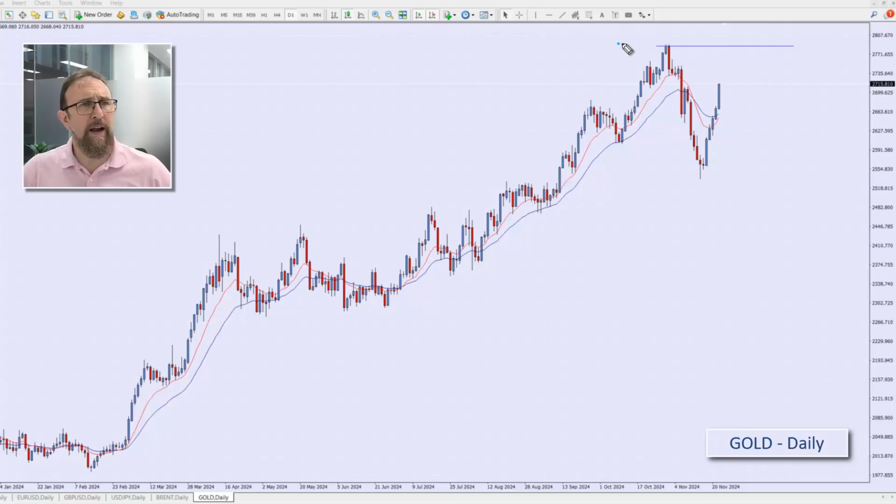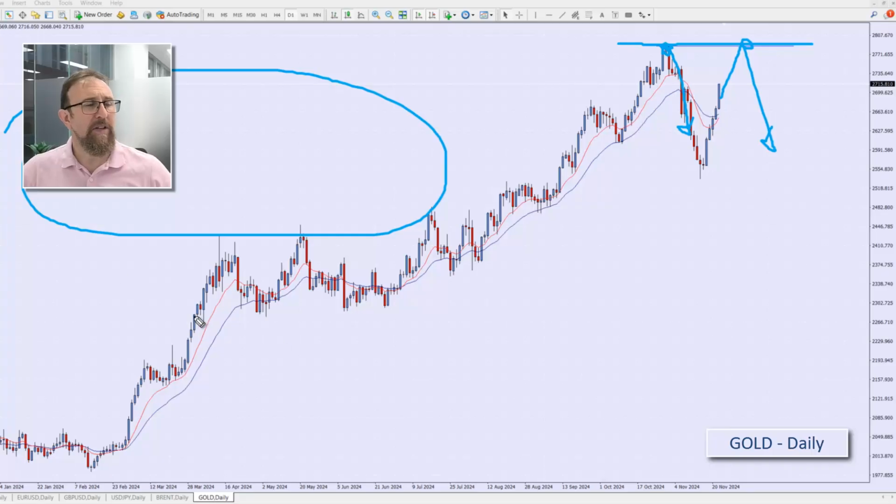What characterizes a double top is not just the market getting to a certain level and kicking off on two occasions, like that. When you look to the left of your chart, this area here must be empty. In other words, the market reaches a level where it has not been for quite some time, pulls away, and then comes back to test it one more time, and that's the double top theory.